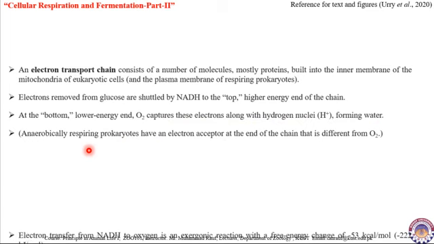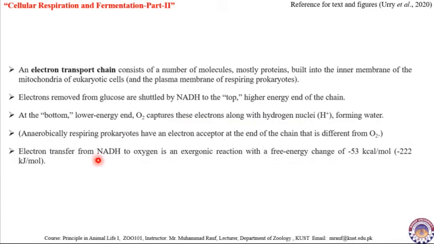So electron transfer from NADH to oxygen is an exergonic reaction with a free energy of 53 kilocalories, or 222 kilojoules per mole. So this joining of electrons with oxygen is an exergonic reaction where that much energy is produced, and remember, free energy is the energy available for performing work. So this energy is available to the cell to perform work.